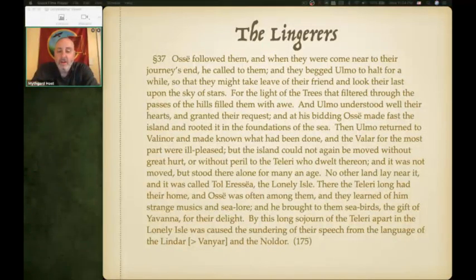There the Teleri long had their home, and Ossé was often among them, and they learned of him strange musics and sea lore, and he brought to them sea-birds, the gift of Yavanna, for their delight. But by this long sojourn of the Teleri apart in the Lonely Isle was caused the sundering of their speech from the language of the Lindar changed to Vanyar and the Noldor.